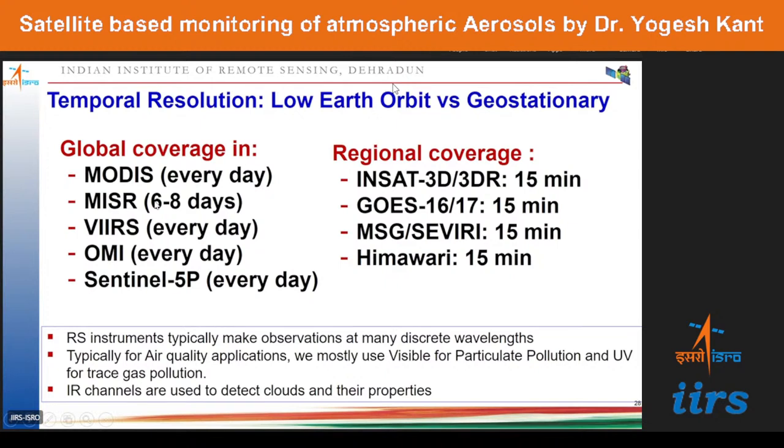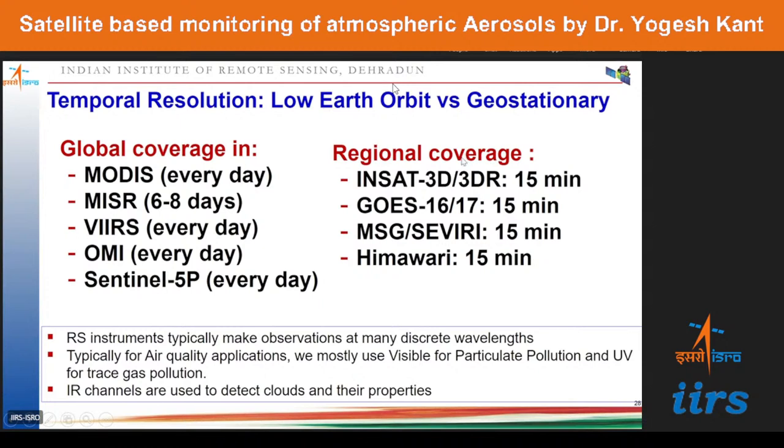MISR has a temporal resolution of 6 to 8 days, so every 6 to 8 days we have data of a certain area. VIIRS, similarly, has data every day, the Ozone Monitoring Instrument every day, and Sentinel 5P, that is Tropomi, data every day.